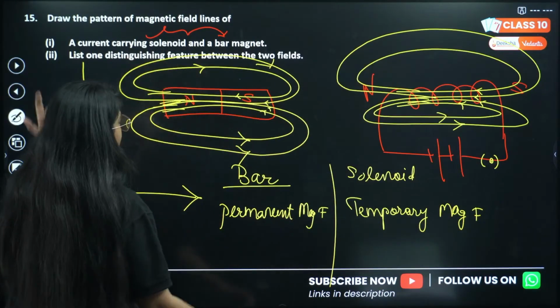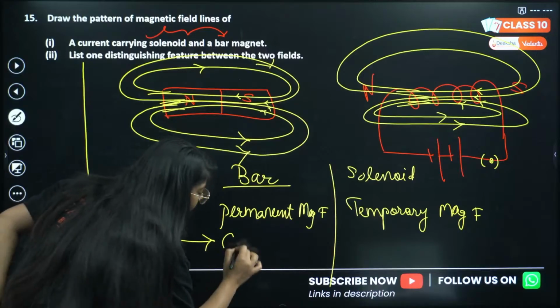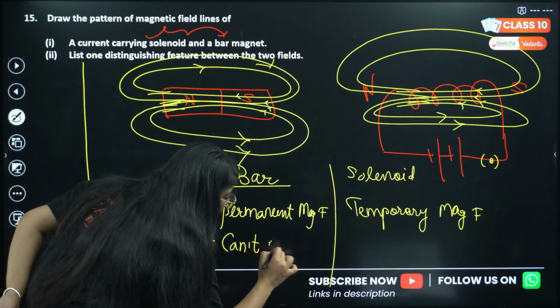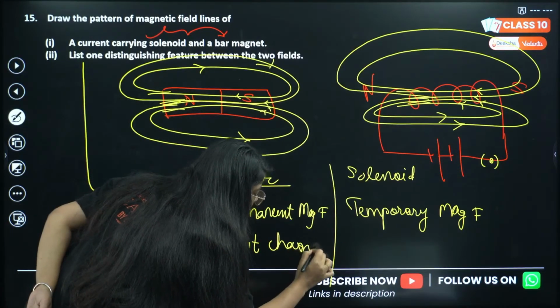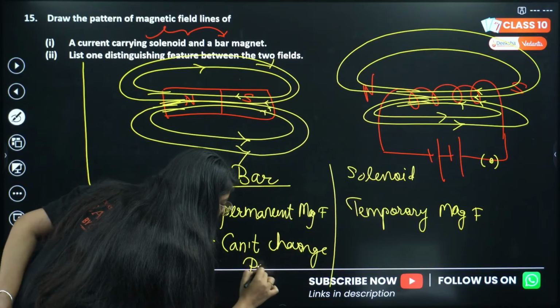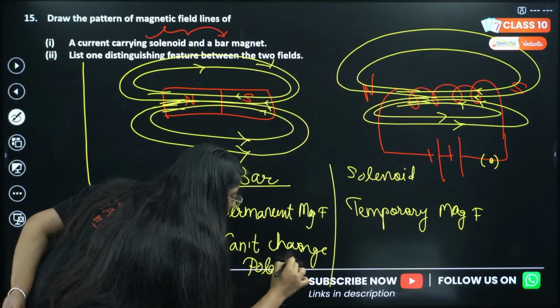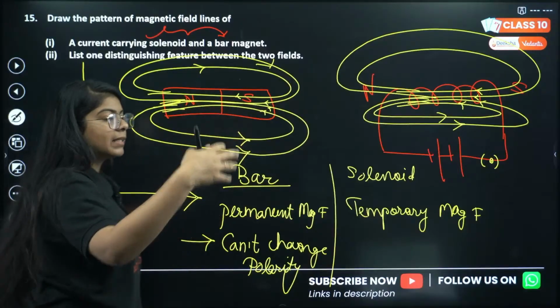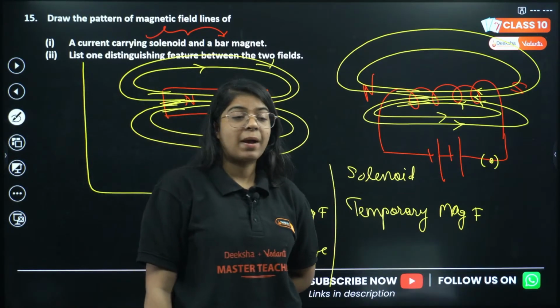Second, you can't change the polarity of the magnetic field that has been produced due to our magnet.